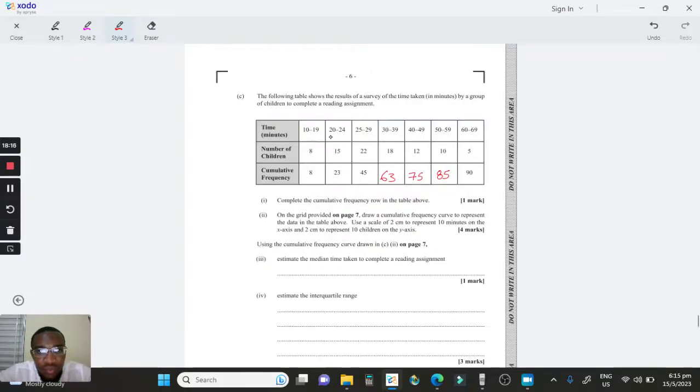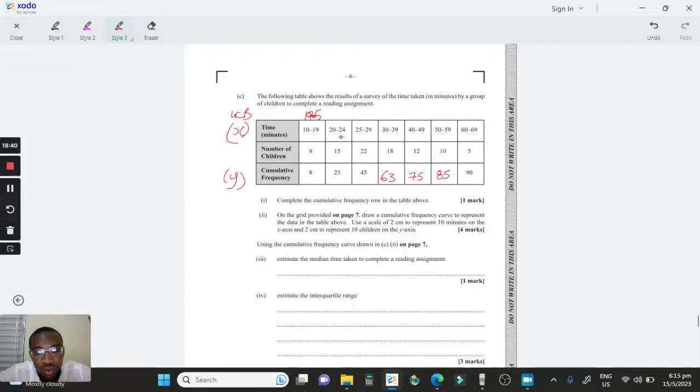Then now, the next one is 24.5, and we're going up to 23. Remember, cumulative frequency goes on the y. This is your x, where you use the upper class boundary to plot. So the 19.5, and then the 24.5, and so forth.